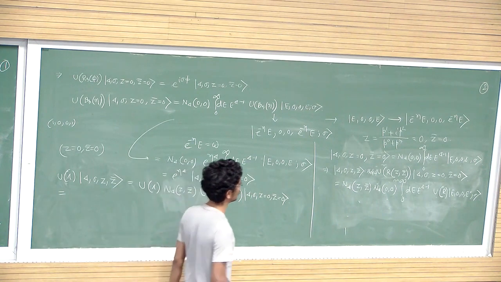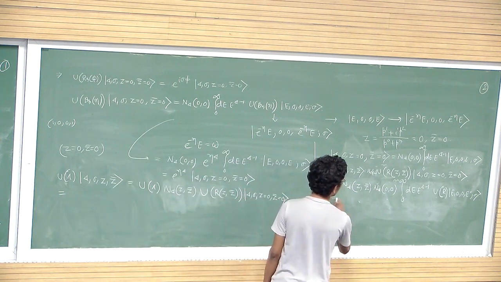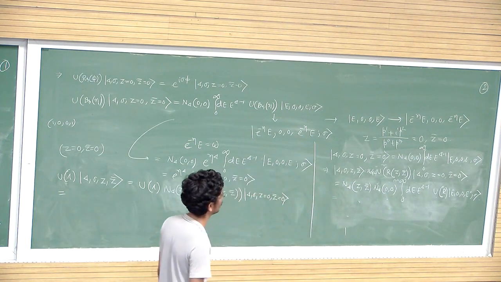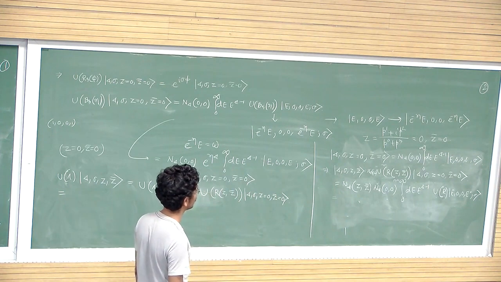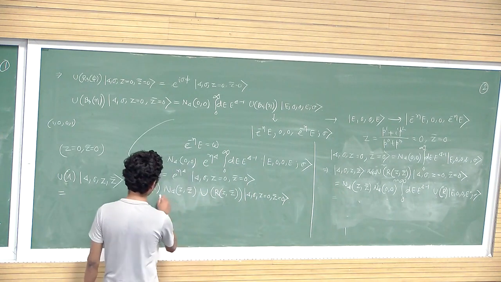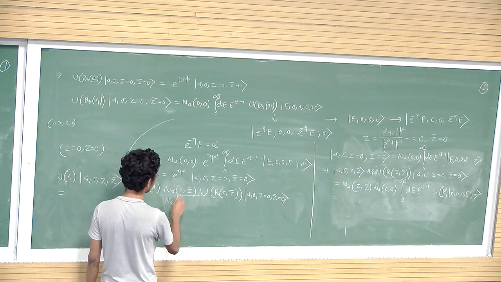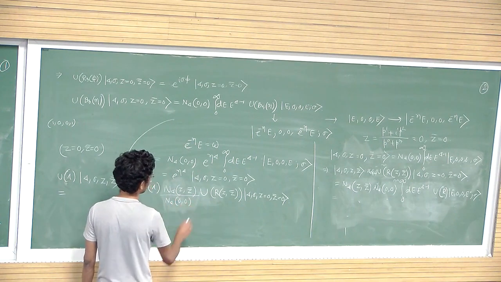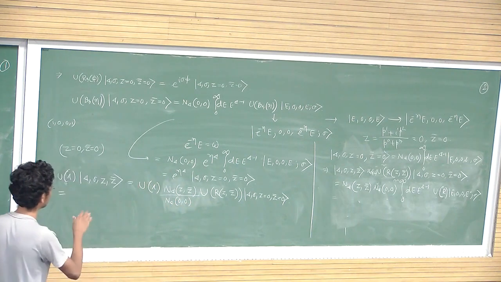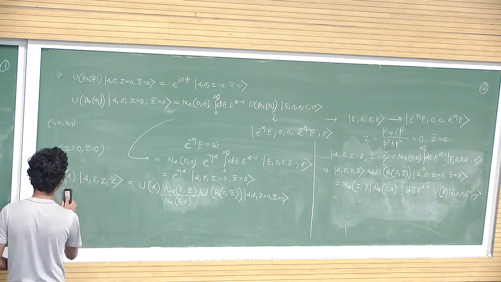So you are saying that if I divide it by n delta 0 0, then it's fine. Okay. Let's do that and let's see what we get.